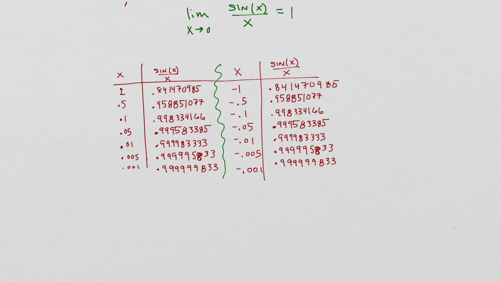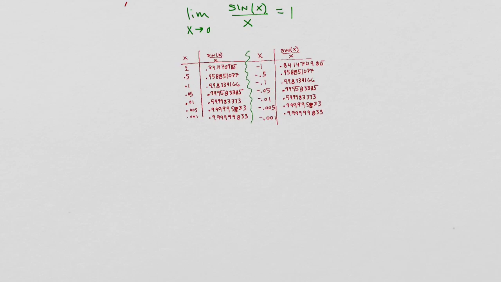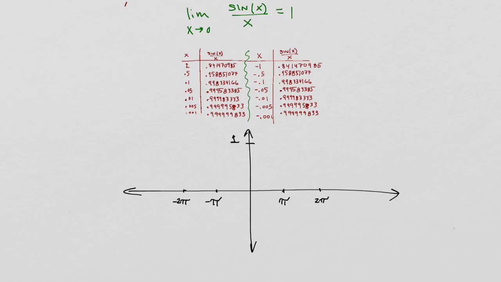So really quick, let's just look at what we did graphically to confirm that we are correct. We started with x equal to 1, on the graph that I have just created with increments of pi.